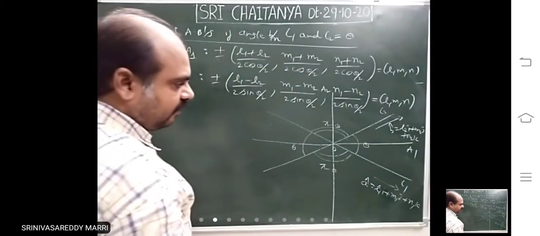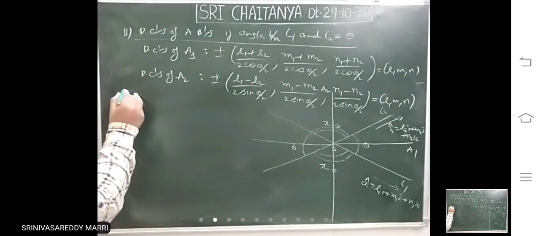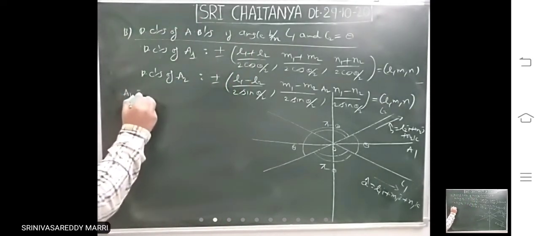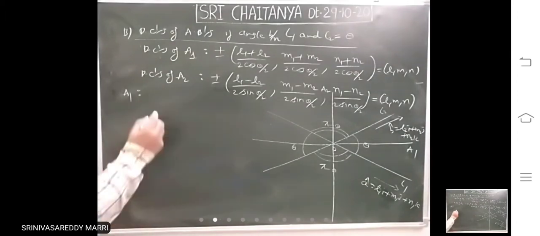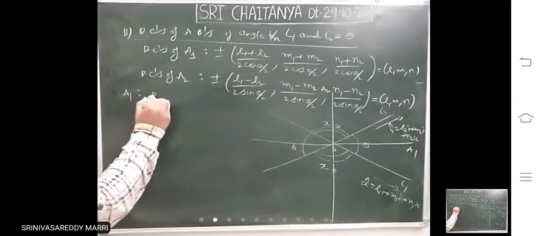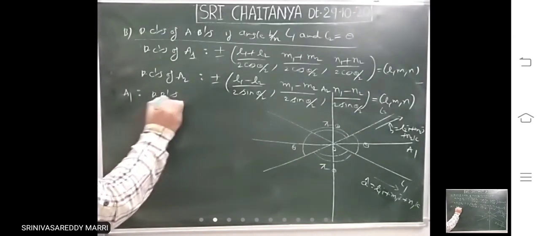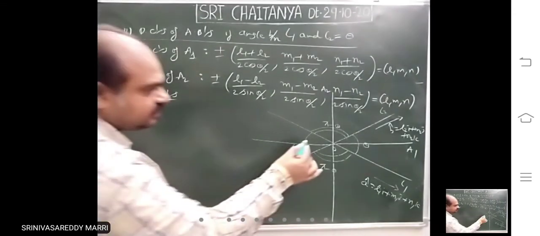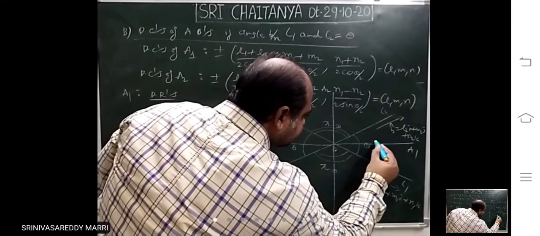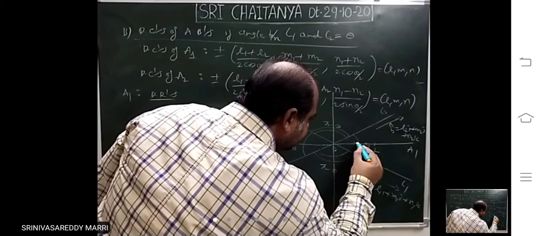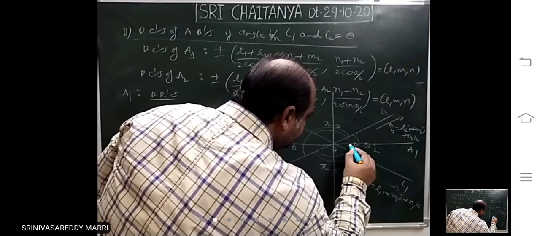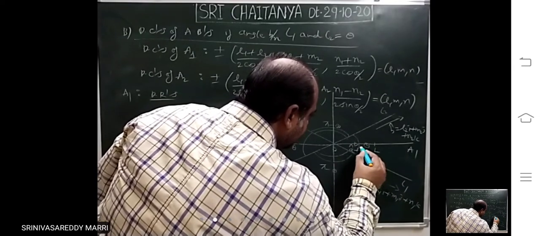For A1, first I am calculating the DRs. Easy only. In this direction, one vector will be there, the one I have told you: A cap plus B cap.